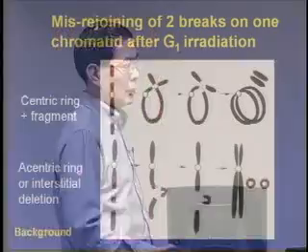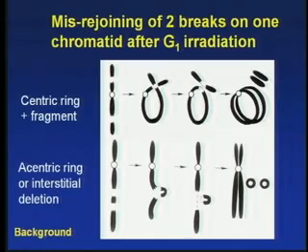Now, we have described this type of ring formation, where you have a ring with a centromere. But there are other cases where you could get a ring without a centromere. The ring with a centromere happens when both ends of the arm are broken.